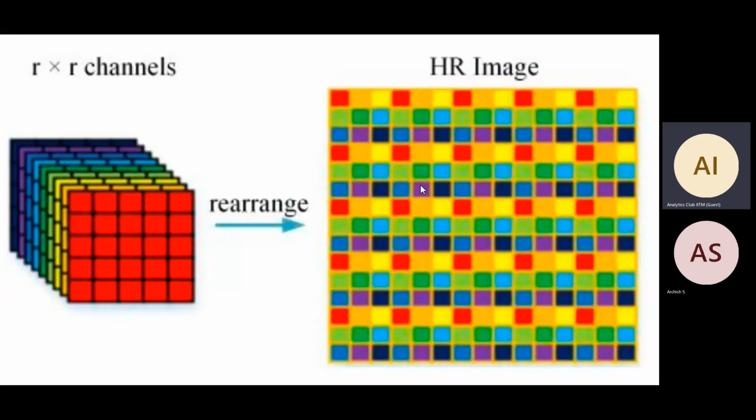You can see what happens here. In each of the pixels in the higher resolution image, you have taken an entire row of one of these channels and put them there. You can see red, orange, yellow, green, and so on. I hope that's visible.